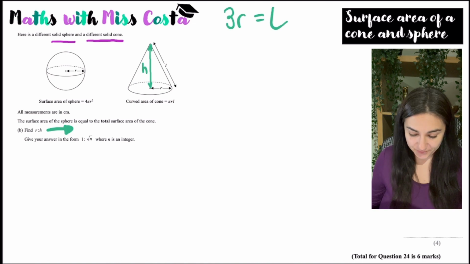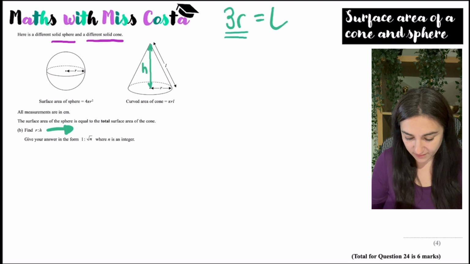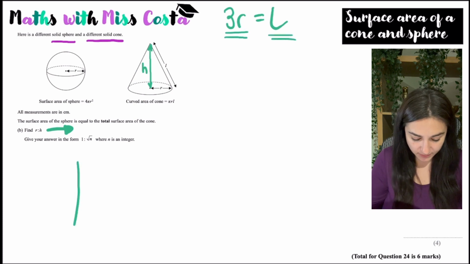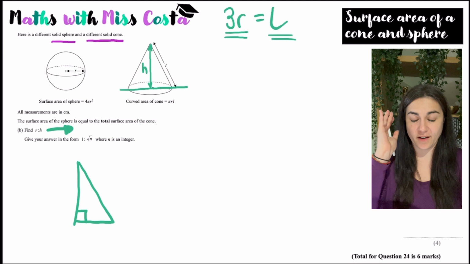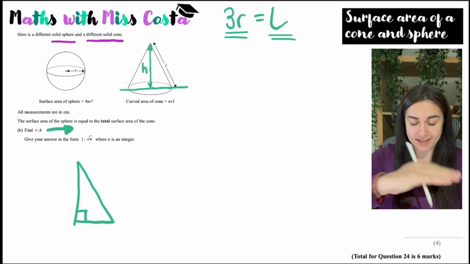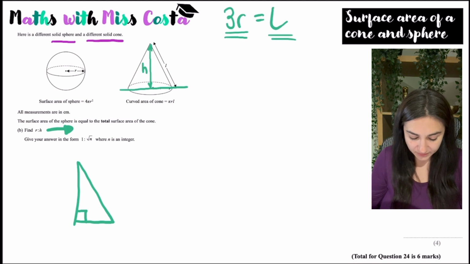So what could I do? I know that 3R is equivalent to L. So I could draw this little right angled triangle, because I know this is perpendicular, because the height of a cone is always perpendicular to the radius.